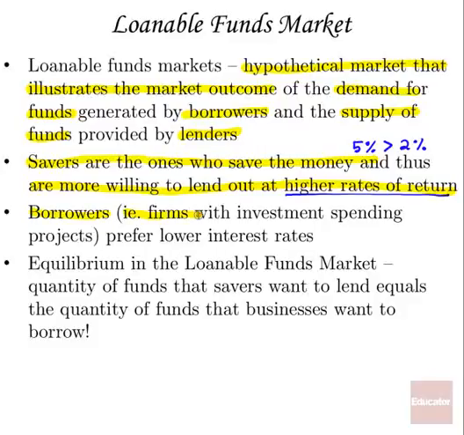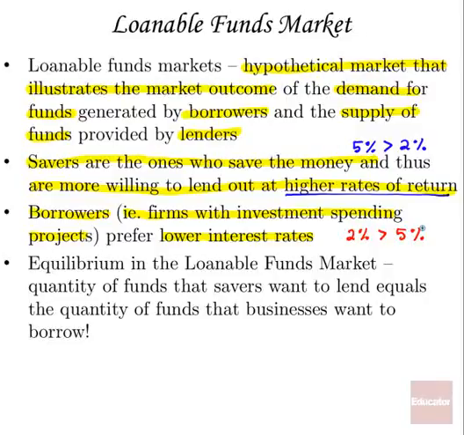Borrowers, for example firms with investment spending projects, prefer lower interest rates. Using that same line of reasoning, 2% is going to be better than 5%. If I have this great project where I want to build a $1 billion stadium, a new football stadium in the city of Industry to get a football team in Los Angeles, that's obviously going to be a huge undertaking.